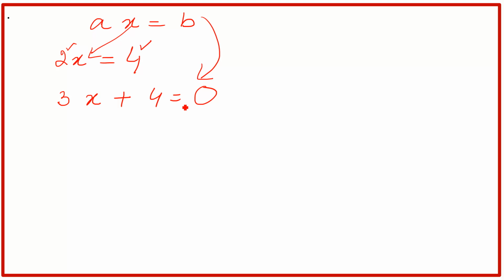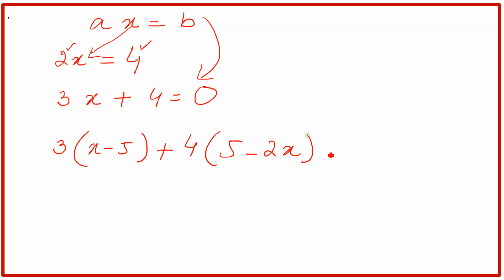If I say 3 times (x minus 5) plus 4 times (5 minus 2x) equal to x plus 5, this is also a linear equation, but not in this form. I will solve these questions for you and show you how to convert this equation into ax is equal to b. So these are the linear equations.